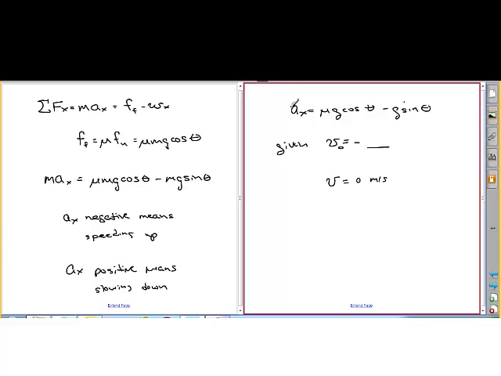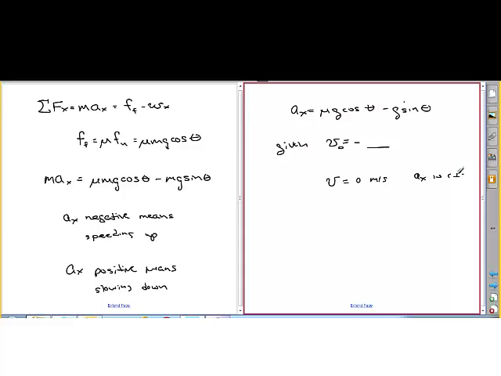So here you'd have a sub x, which is negative. Otherwise, it doesn't make sense. So the first case that we talked about was stopping. In that case, the acceleration has to be negative, and the initial velocity is also negative.